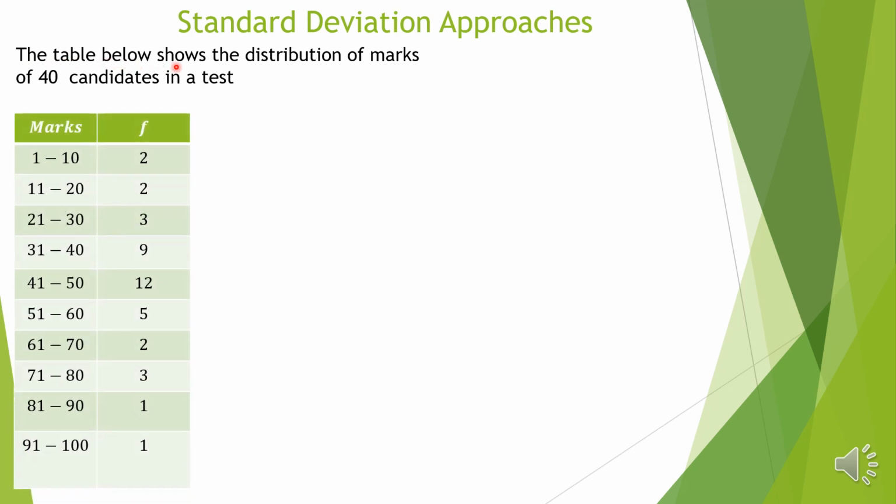The table below shows the distribution of marks of 40 candidates in a test, and the marks are distributed in classes: class 1 to 10, 2 students; 11 to 20, 2 students; 21 to 30, 3 students; 31 to 40, 9 students; 41 to 50, there are 12 students; 51 to 60, there are 5 students; 61 to 70, there are 2 students; 71 to 80, there are 3 students; 81 to 90, there's 1 student; and lastly, 91 to 100, we have 1 student.